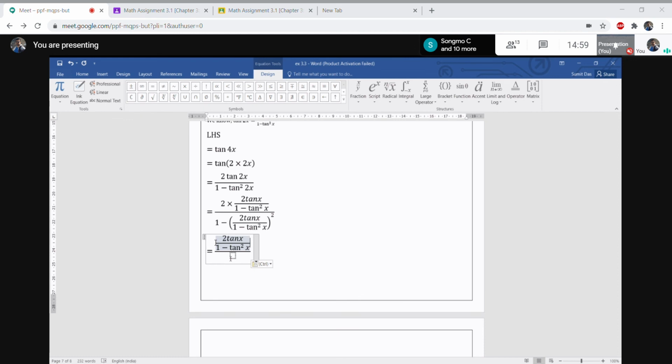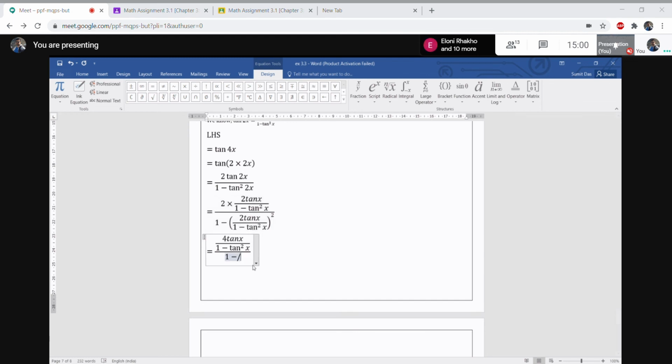So this part will be 2 and 2 will multiply, so it will be 4 tan x, right? Numerator will not change. Denominator 1 minus, what will be this number? 2 tan x divided by 1 minus tan square x.